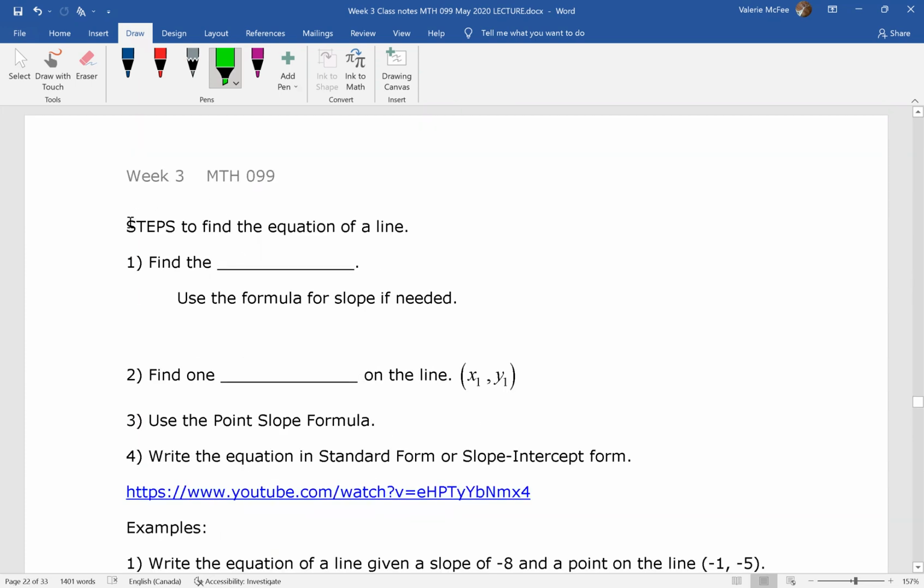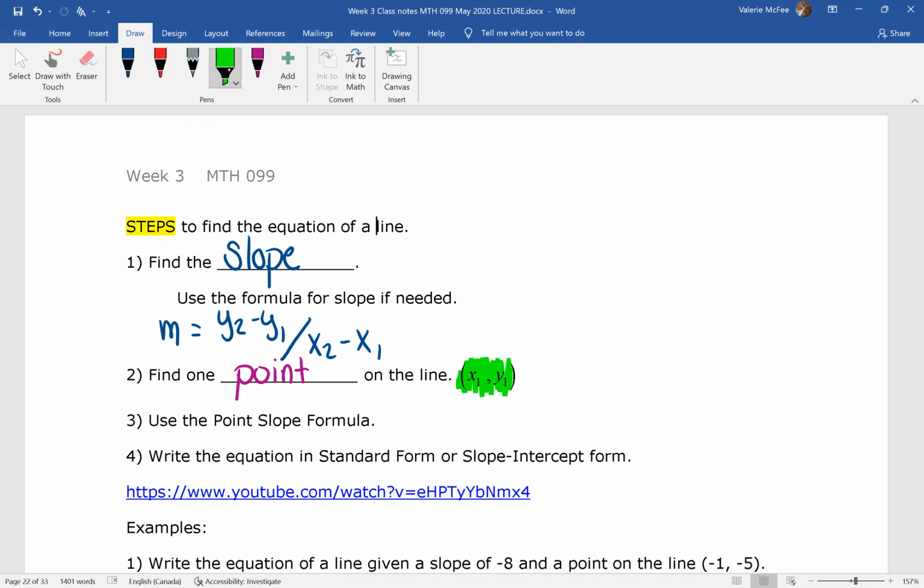So here are the steps that we're going to use when we're finding the equation of a line. The first thing we need is to find the slope. Now you might be given the slope, or maybe you need to use that formula for a slope. Second, we need to find one point on the line. Doesn't matter which point it is, it can be any point.